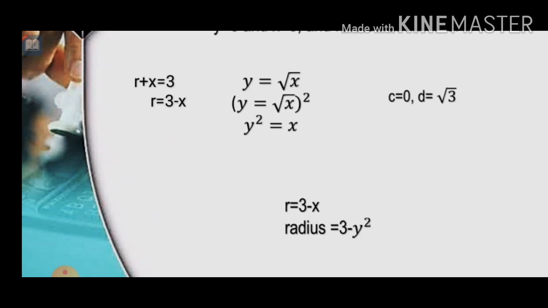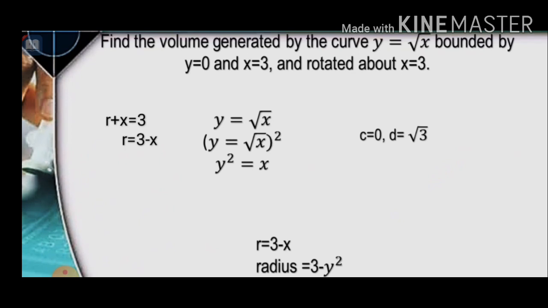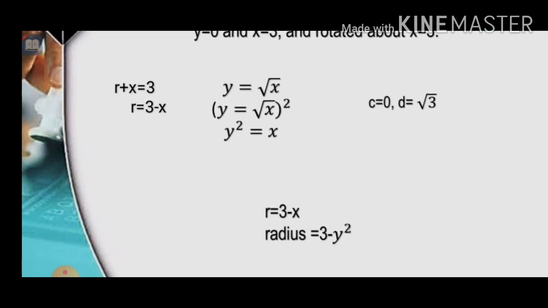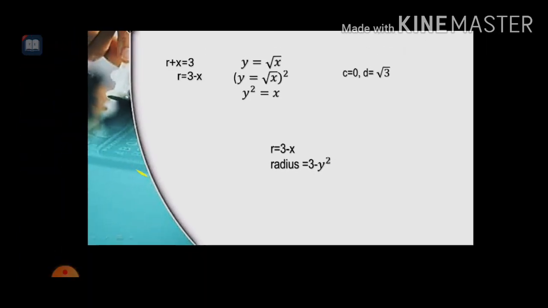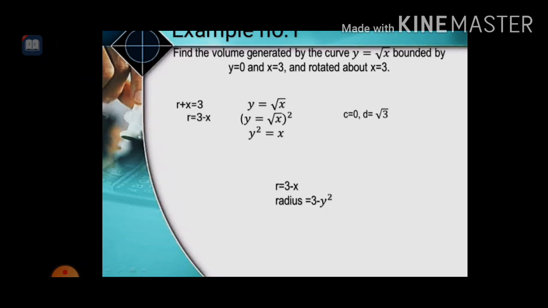So r is equal to 3 minus x. y is equal to square root of x; squaring both sides, y squared is equal to x. And c is equal to 0 and d is equal to square root of 3. r is equal to 3 minus x, and the radius squared is equal to (3 minus x) squared.